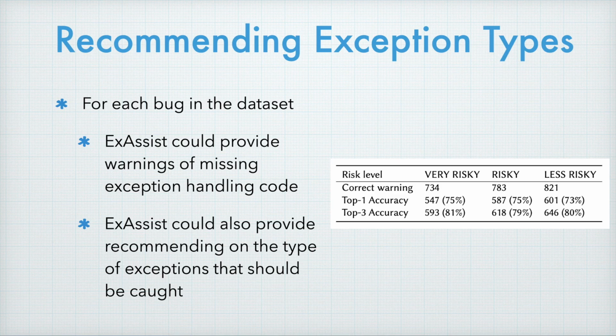As we can see here, our model performs 2 types of warning: very risky and less risky. If we set the warning to very risky, the system could detect around 75% of the exception bugs correctly.